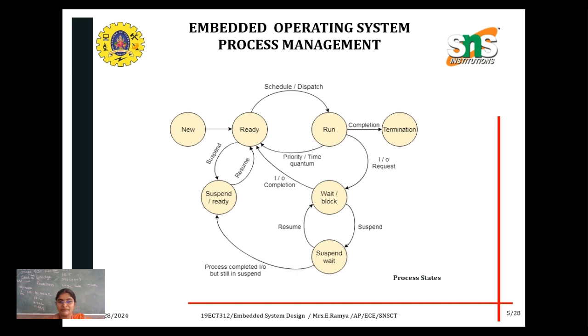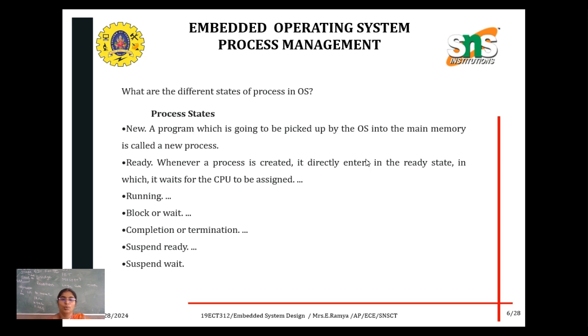In this diagram, we can see the process states. We have a new state, a ready state, a run state. After that, the wait and block state, the suspend state, and the termination state. What are the different states in the process?